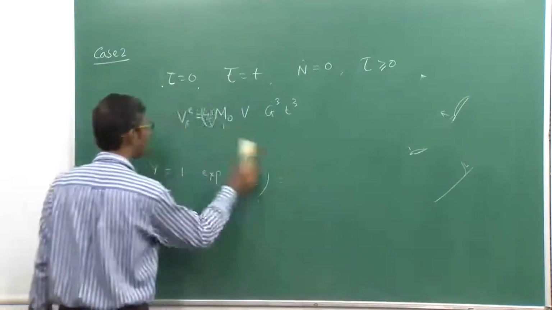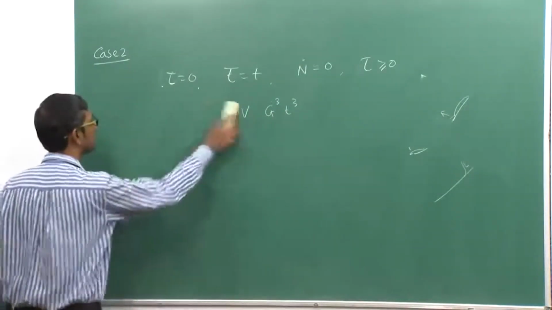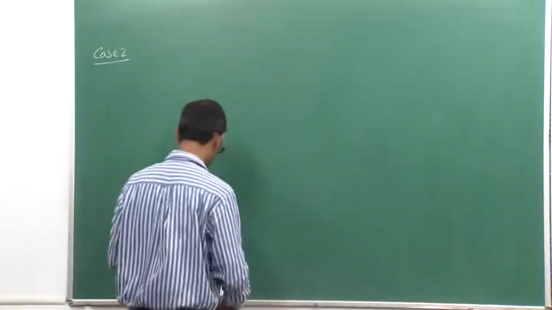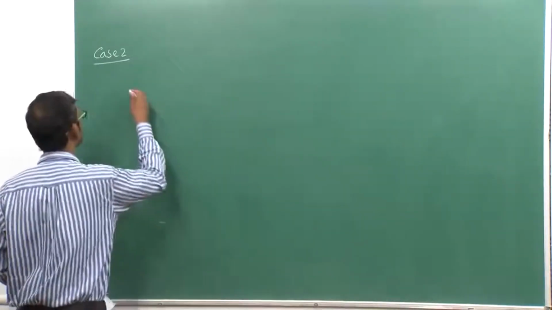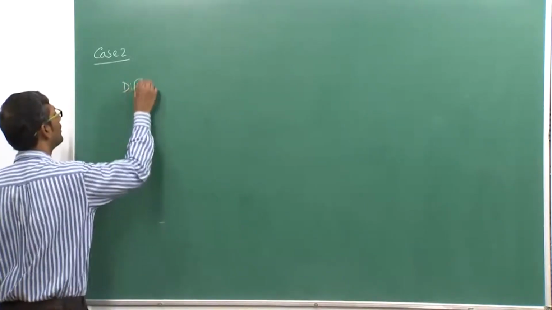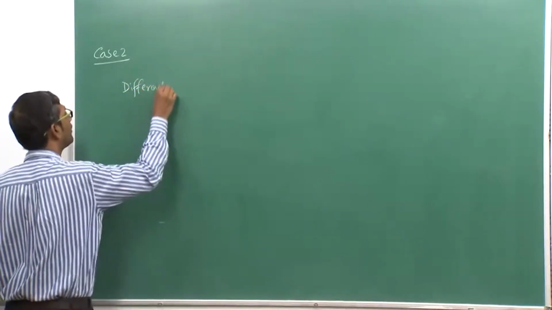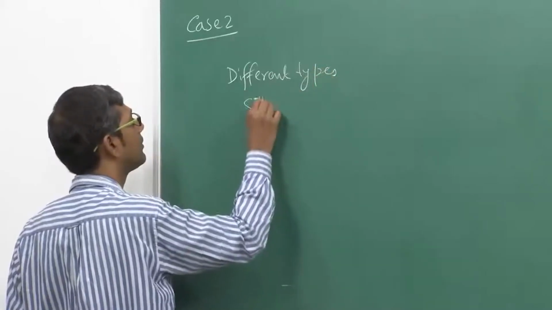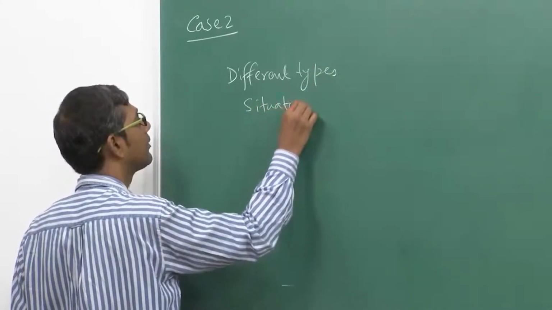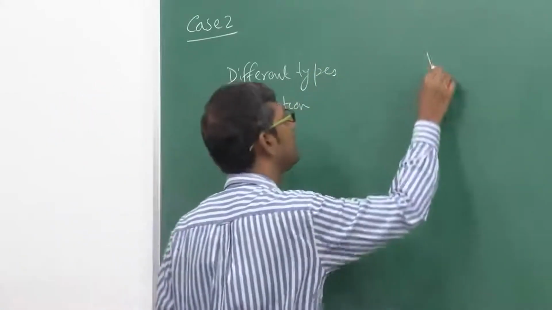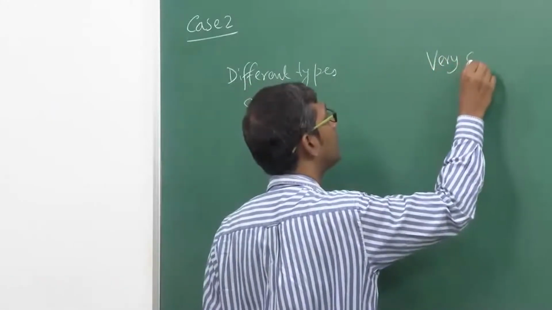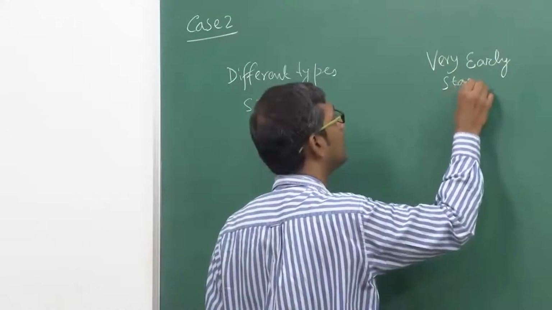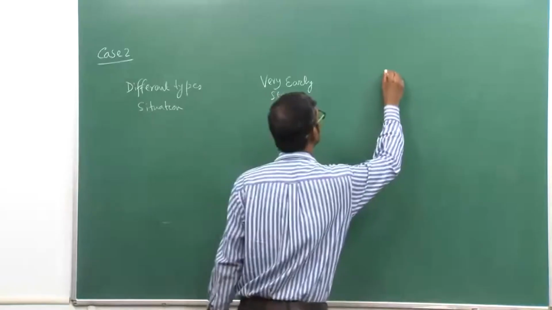So let us put a tabular format, because we have discussed many other transformations previously, and we can make a table and tell you. So I will tell you the different types of situations, nucleation and growth, very early stage, and late stage.